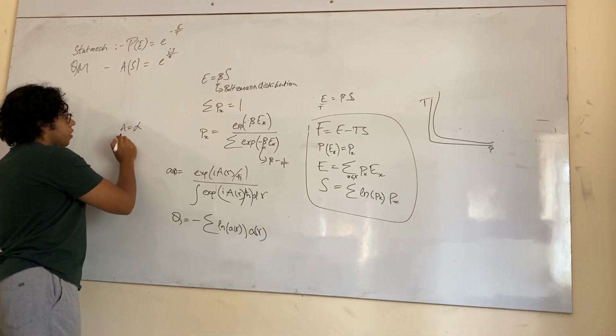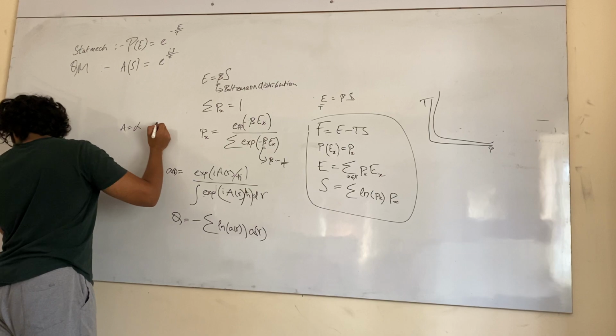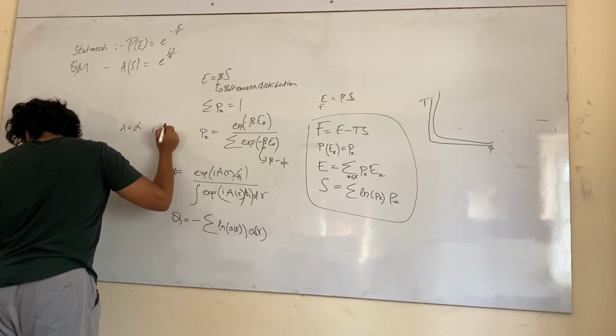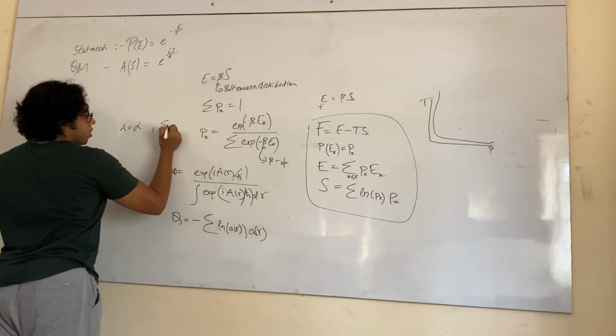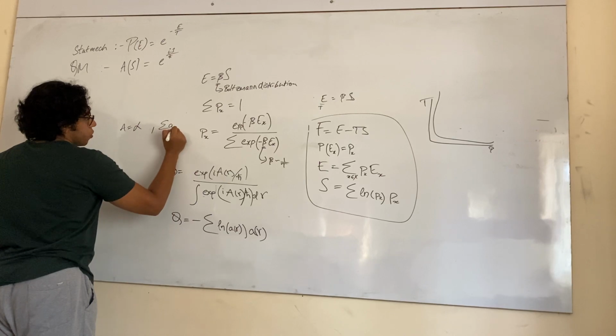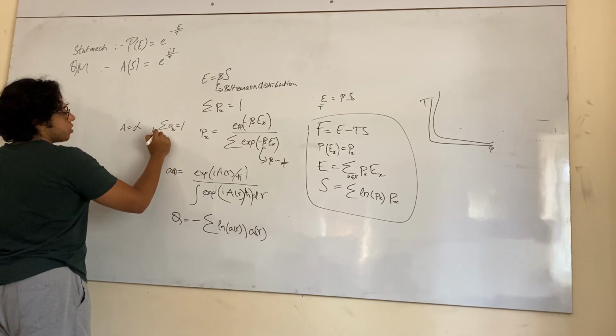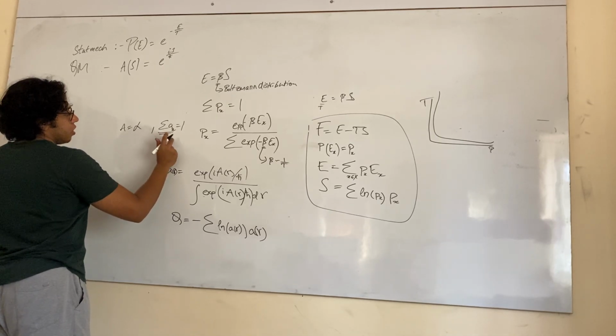Then the other condition is that the summation of all probabilities, not amplitudes, is equal to 1. So you have these two conditions. The term we define as B.